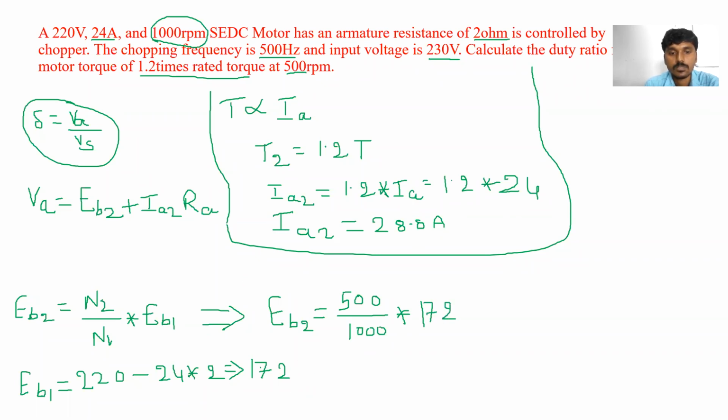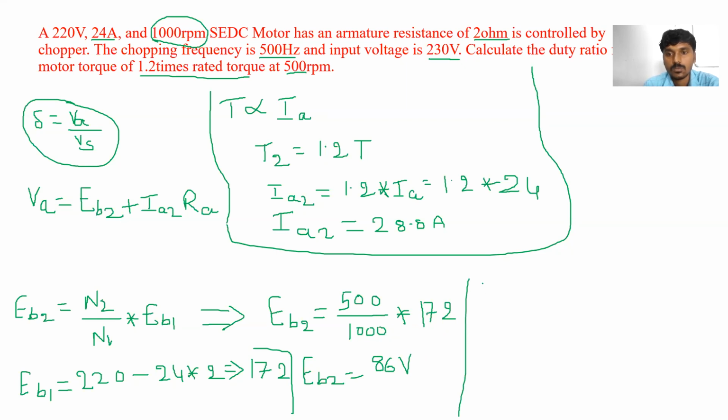So what is the value of this? EB2 is equal to 86 volts. I had not solved this one. 86 volts. Clear?